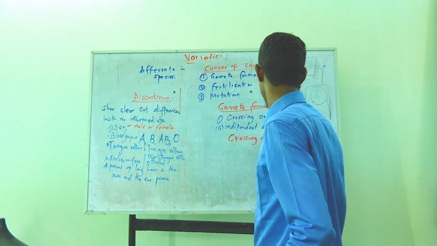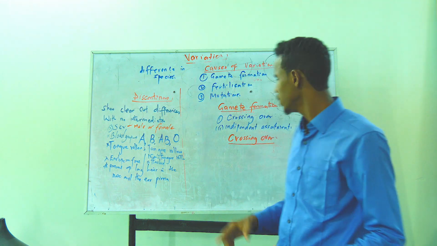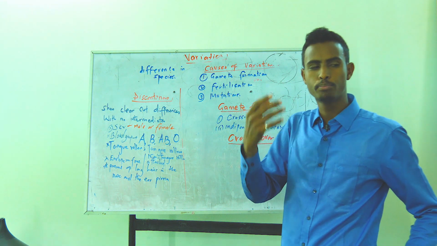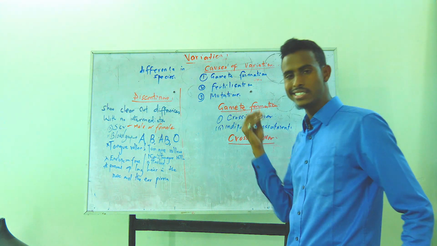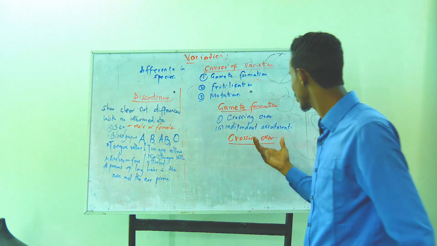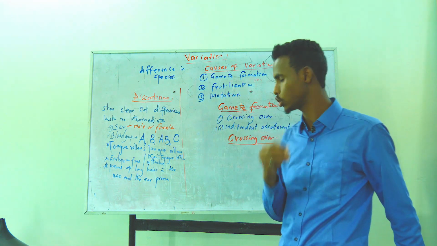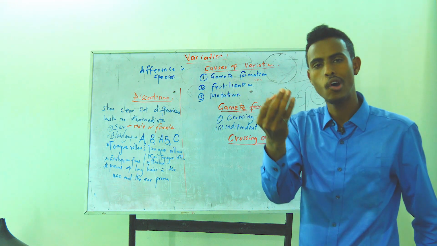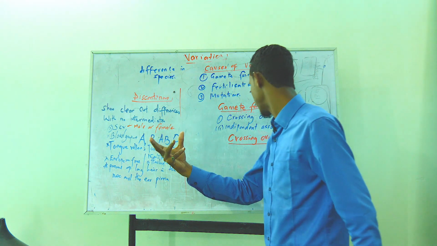Crossing over. Good. If you look, crossing over takes place in prophase 1 of meiosis, right? Meiosis is a type of cell division in which the parent cell divides into 4 daughter cells, each containing half the number of chromosomes as the parent cell.